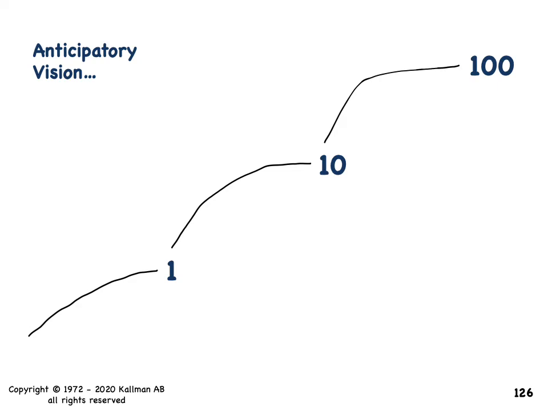And I looked at them and I said, well, in a brilliant flash of anticipatory vision, I walked up to the whiteboard and drew these three lines with a 1, a 10, and a 100. I said, well, guys, it's going to go like this. They looked at me and said, what does this mean? I said, this first iPhone will probably sell 1 million units.